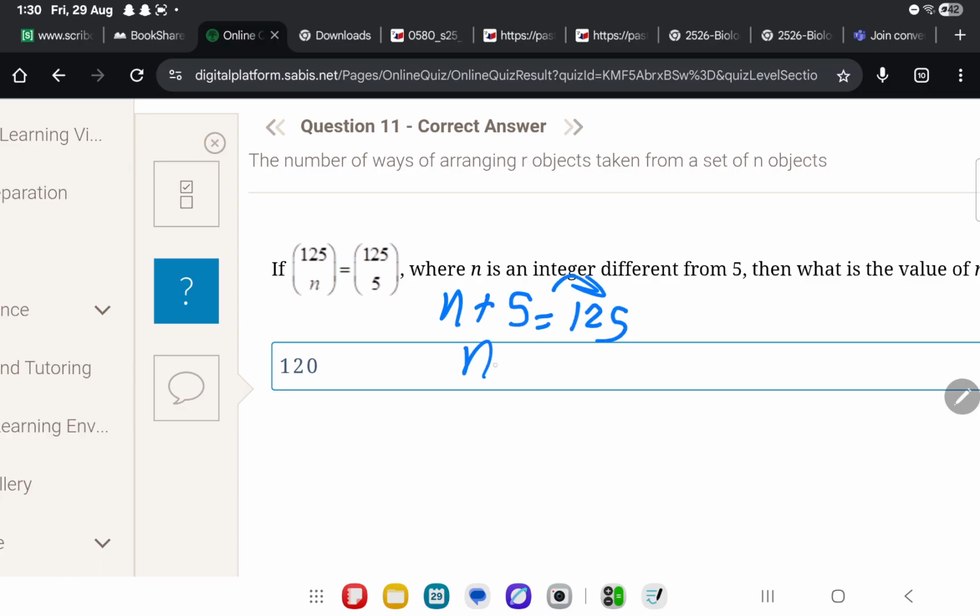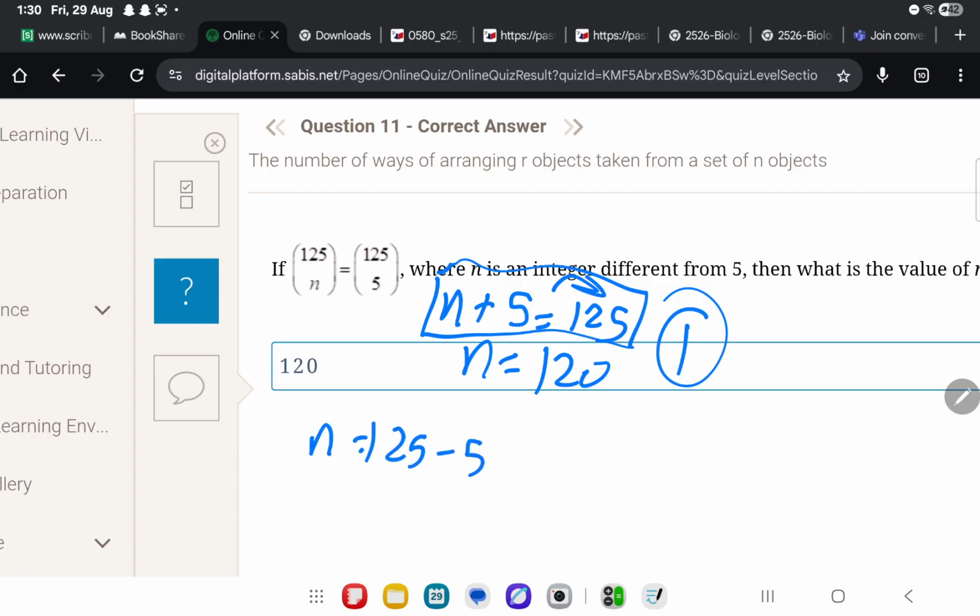Take this to the other side, n is equal to 120. Now you can also do it the other way. Those two ways I taught you are just one equation, but you're rearranging it both times. This was the first way. Now the second way, where you subtract 125 minus 5 and you get n. So 125 minus 5 will equal n, and n is equal to 120. Done.